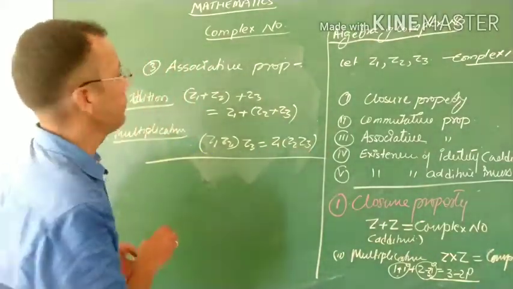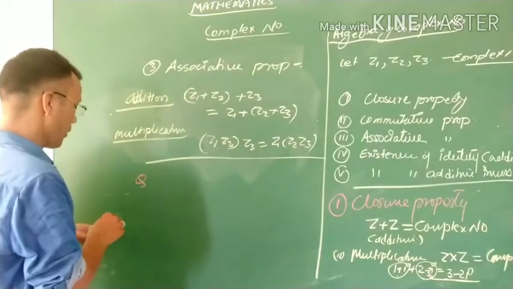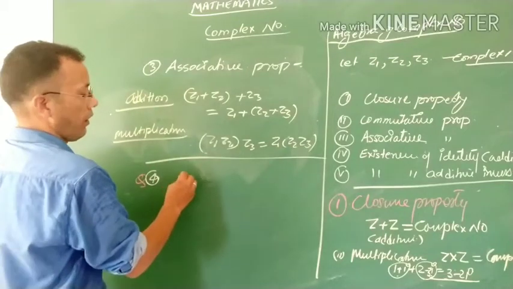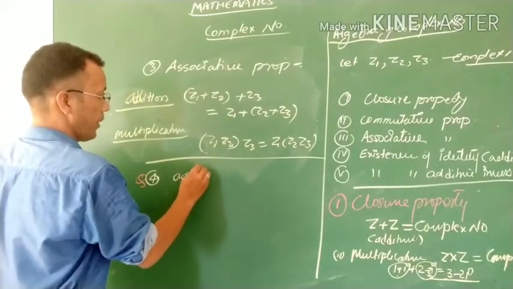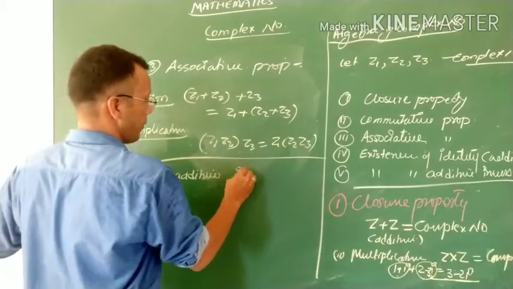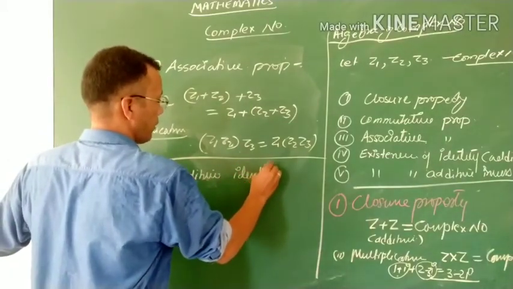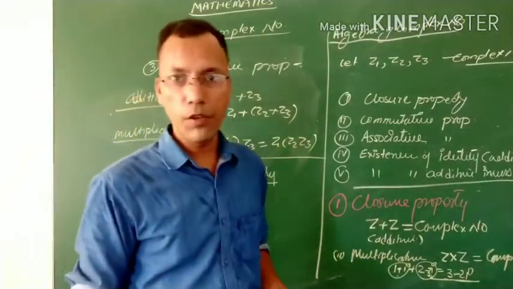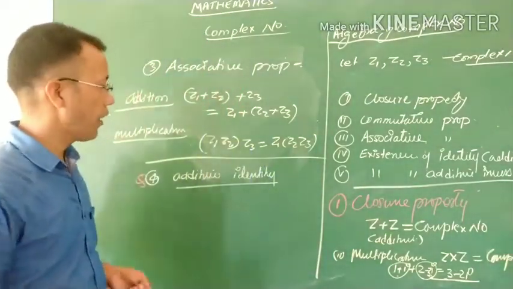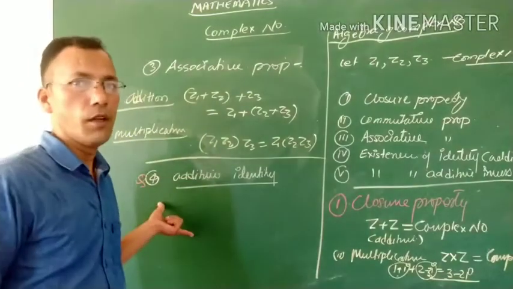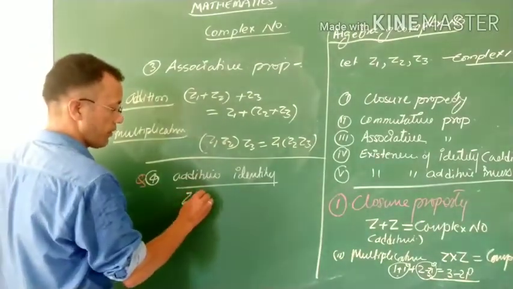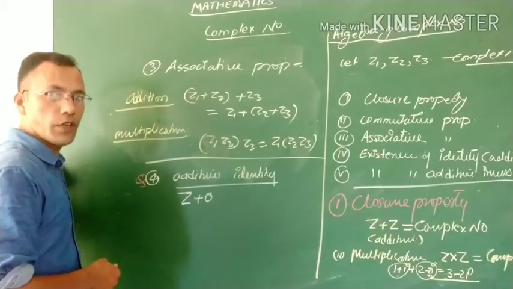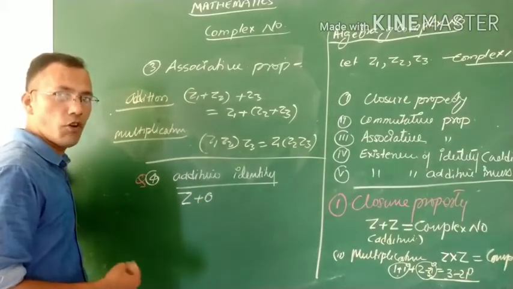Now the next one, this is the fourth part, we have additive identity. What happens if I add something to you so that your identity remains the same, right? The same thing, if Z plus 0 is added, then the identity of Z, that means Z, does not change.